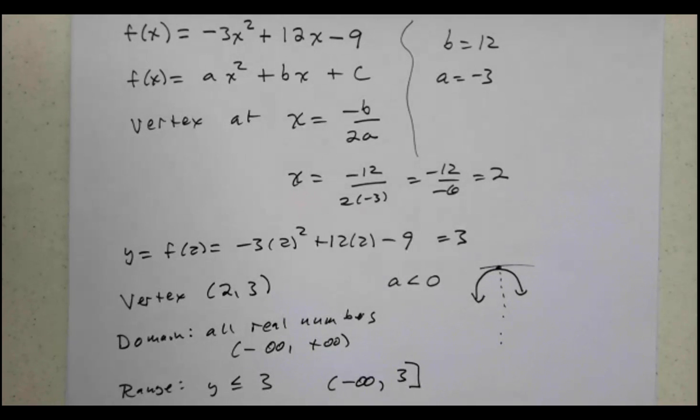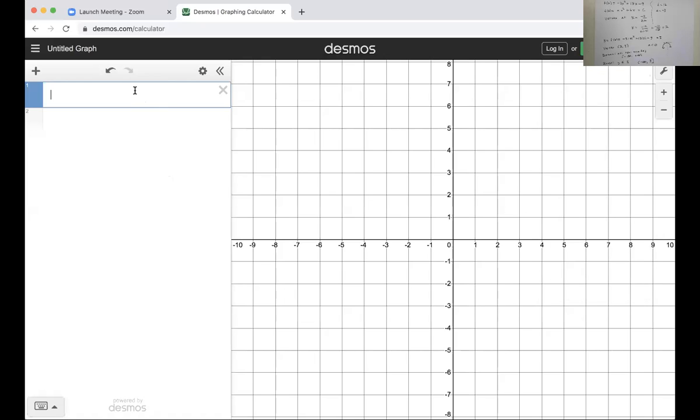So let's go back to Desmos. The graph that I want to share here is f of x equals negative 3x squared plus 12x minus 9. And I believe the vertex is at 2, 3.